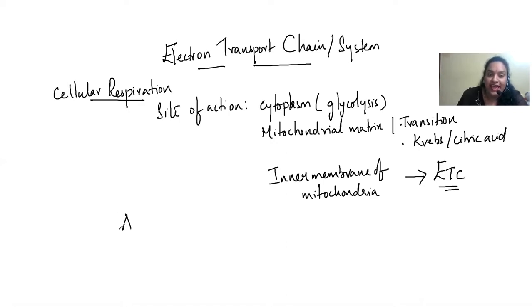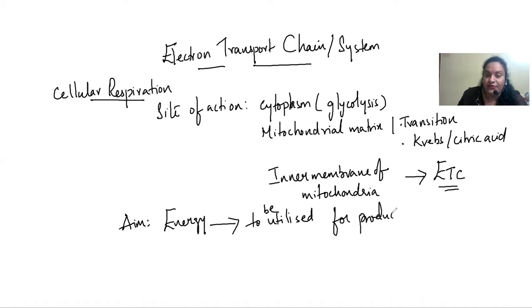And our main aim for cellular respiration is to produce energy. This energy has to be utilized for the production of ATP.